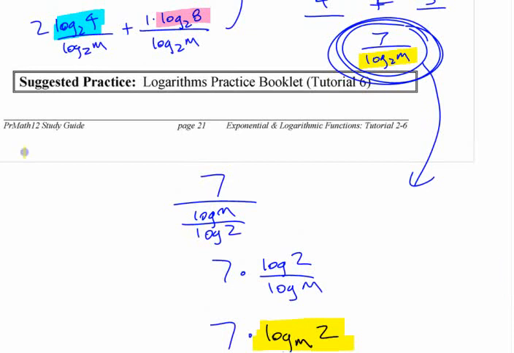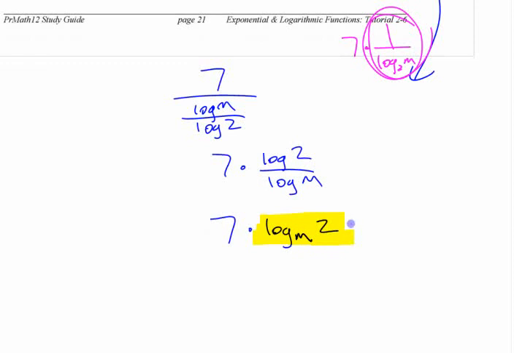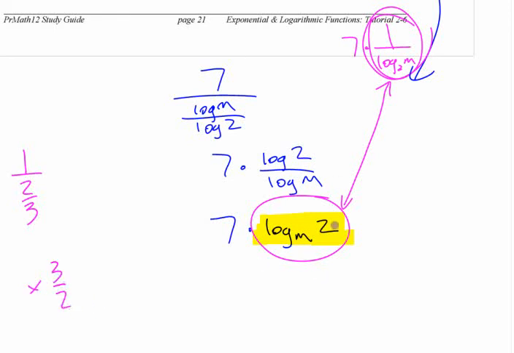Does that make sense? If you have 7 times 1 over log base 2 of m, 1 over log base 2 of m is the same as log base m of 2. It might help to notice that connection, that it's like reciprocals, right? It's sort of like saying 1 divided by 2/3 is multiplying by 3/2. Similar thing here, right? Dividing by log base 2 of m is like multiplying by log base m of 2.